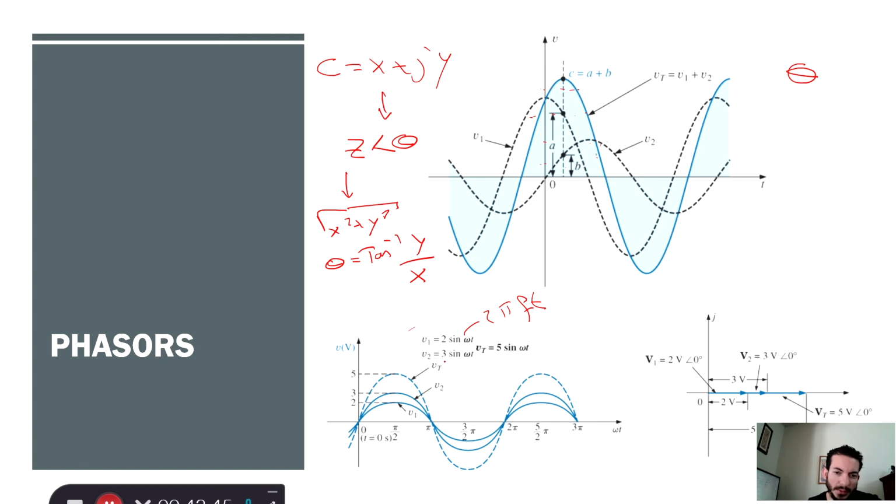And then they tell you we have a second voltage which is 3 sine omega t, so two guitars connected to the same amplifier or something. We have two waves, and you can add them pretty easily if they have the same phase. Notice that they're both starting from the same point.